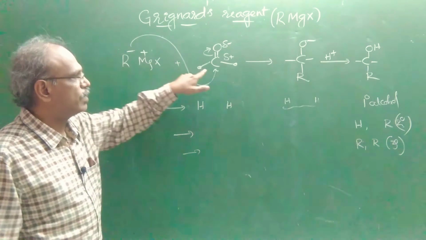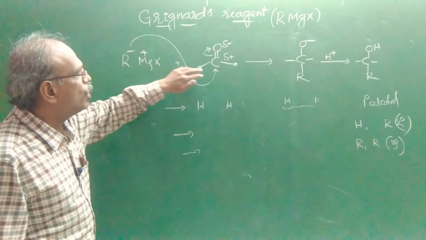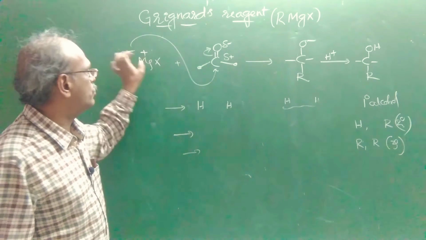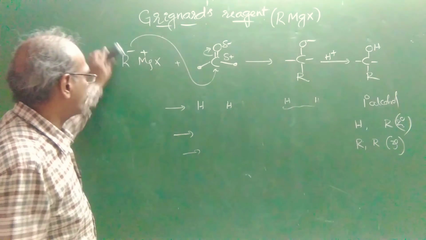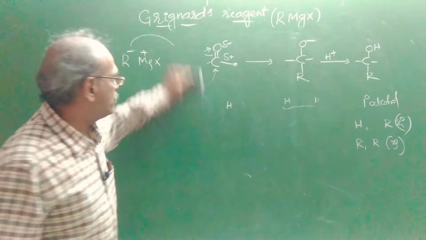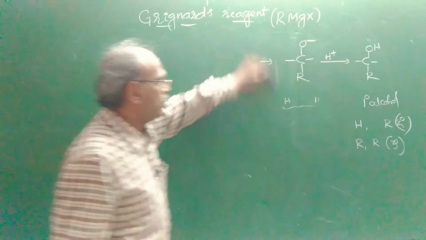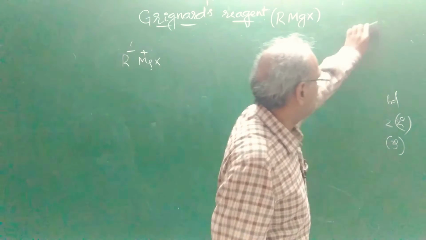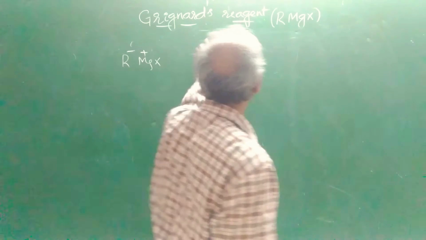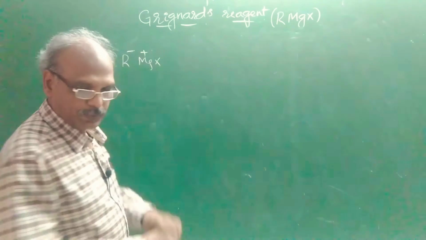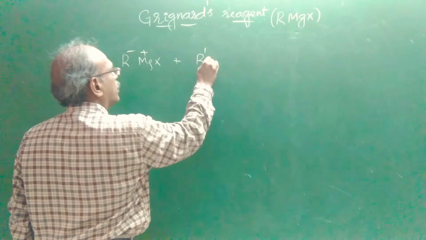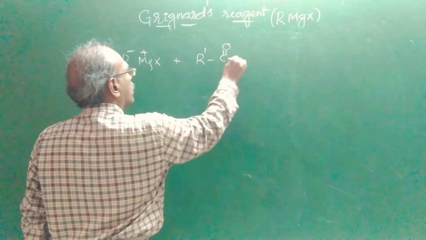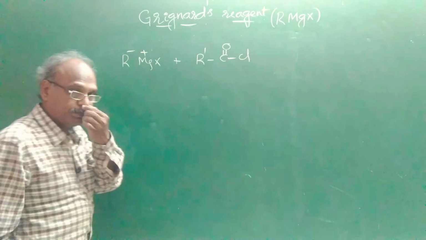Here it is acting by nucleophilic addition, the nucleophile is added to this. Nucleophilic addition takes place. So this is the behavior of Grignard's reagent towards the carbonyl group.